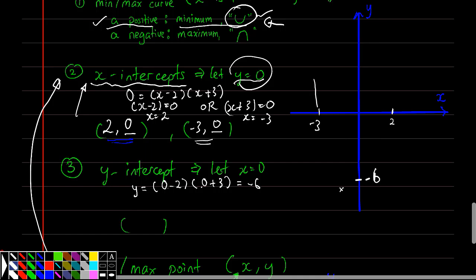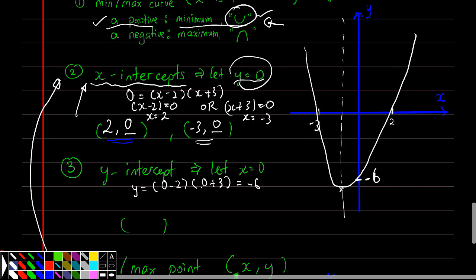Let me try and draw a smooth curve. So it will look something like that, and this is my line of symmetry. Now notice that this is not a very good curve because the distance here is longer and the distance here is shorter. So make sure when you draw, this mirror line, x equals negative half, must be the middle of these two. So try it yourselves now and draw a nice curve.